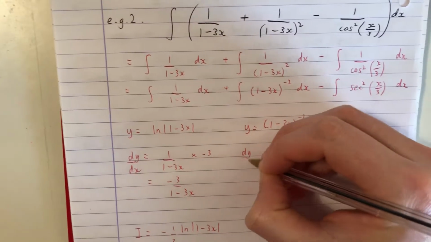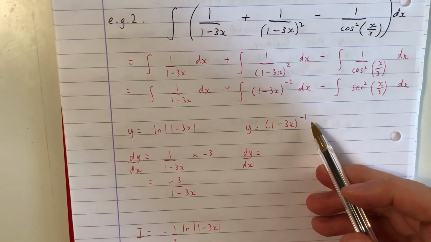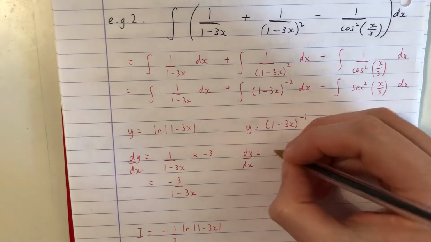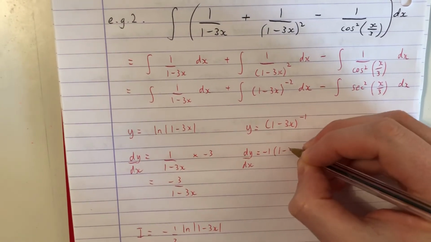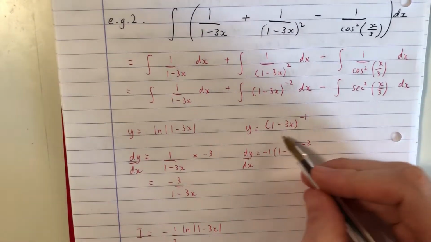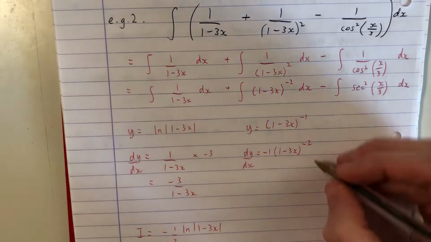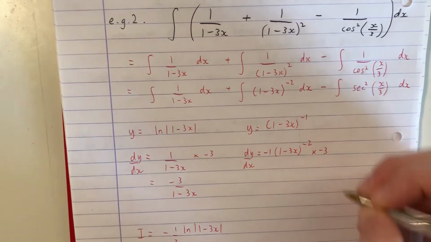dy by dx. Okay, something to the power of negative 1, using the chain rule. Bring the power down, subtract 1 from the power. But remember to times by the bracket differentiated, and that differentiates to negative 3.